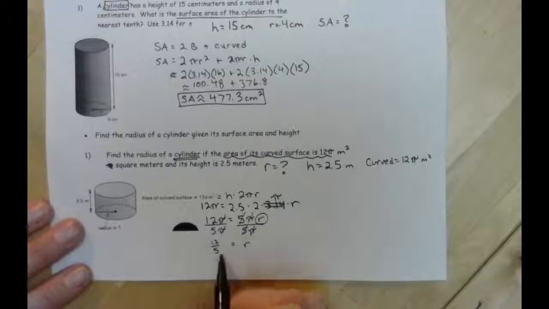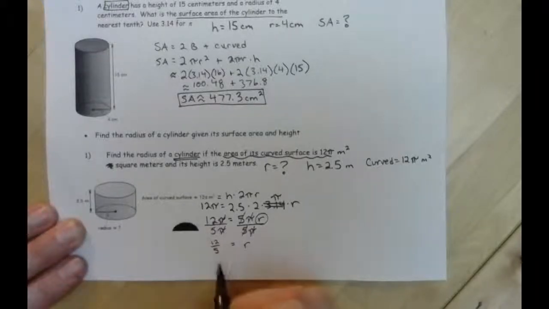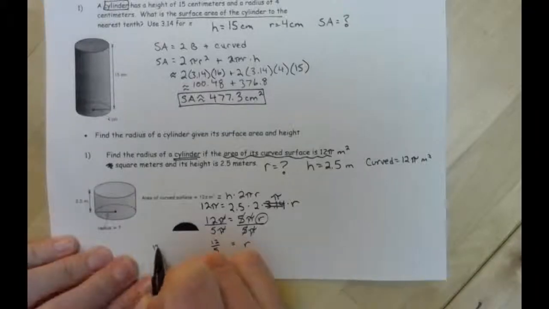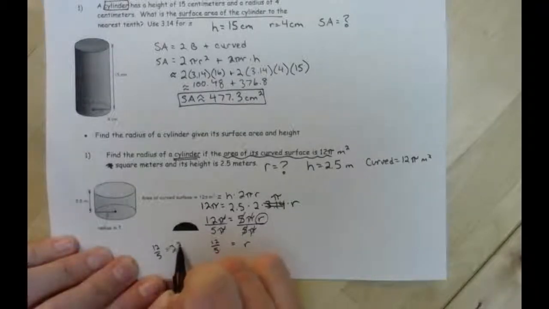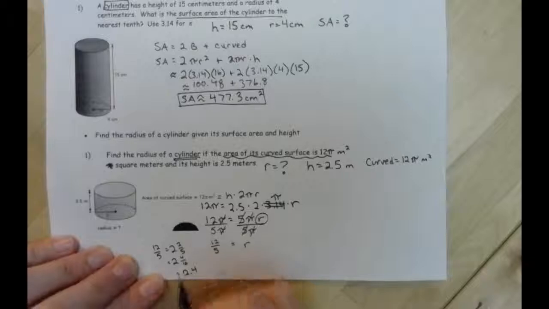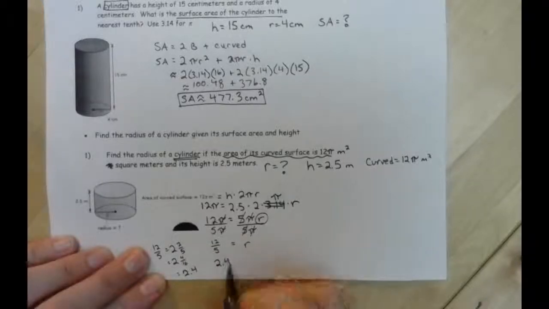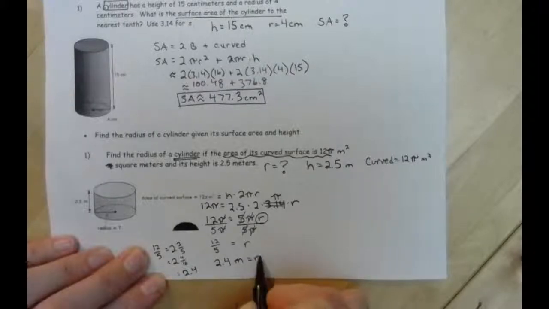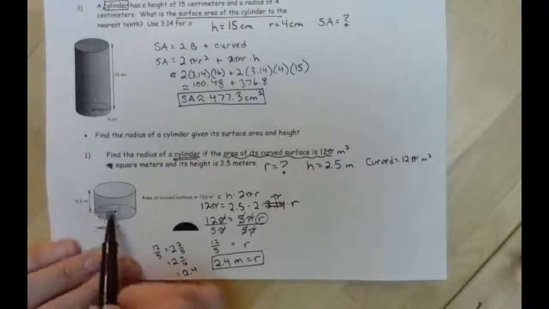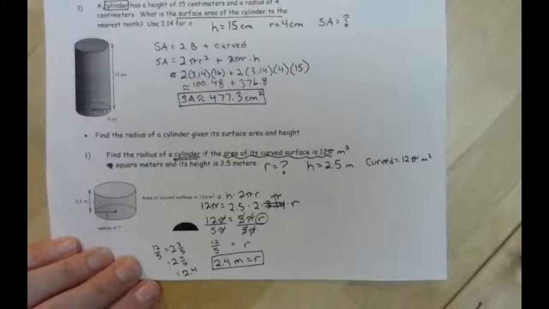And we can simplify 12/5. 12/5 is 2 and 2/5, which is the same as 2 and 4/10, which is the same as 2.4. So if we wanted to write it as a decimal, we would write 2.4. Our units are meters, and that's what the radius is. Now, is meters correct? Should it be meters squared or meters cubed? It's a radius, which is a one-dimensional length, so it is just meters, so we're good to go.